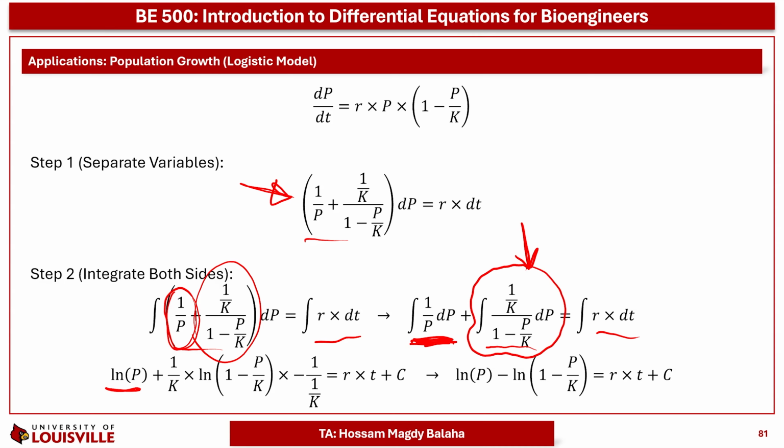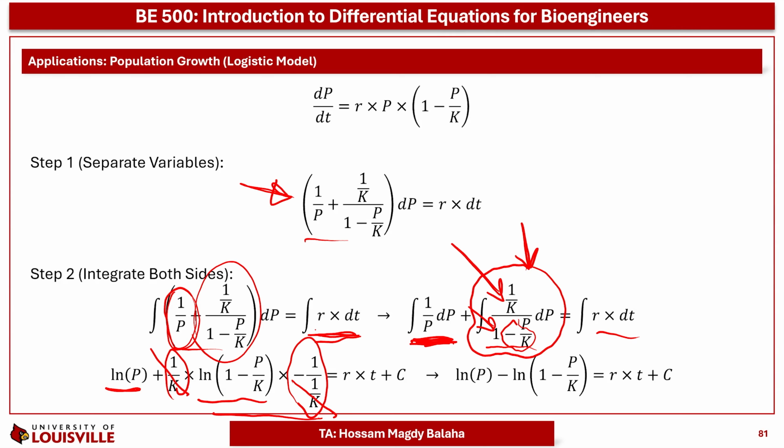It will be ln of the numerator divided by the factor of p. So simply it will be ln of 1 minus p over k, divided or multiplied by 1 over k, and there is a negative sign here. All of that is multiplied by the factor 1 over k, so these will cancel each other.